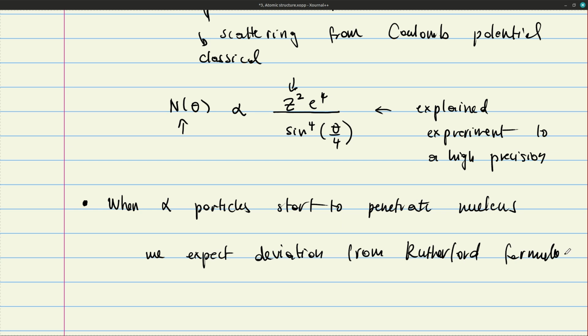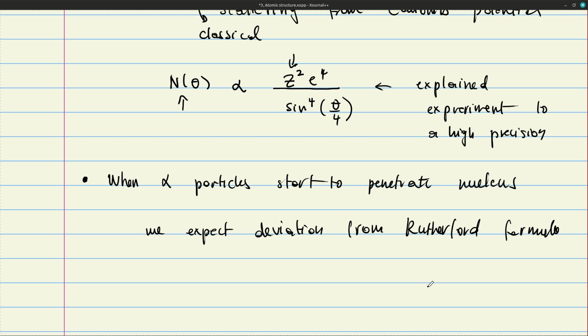Why? Why do we expect deviations from the Rutherford formula when you start to probe the internal structure of the nucleus? There are neutrons, there are protons, but what is the basic assumption that is violated?